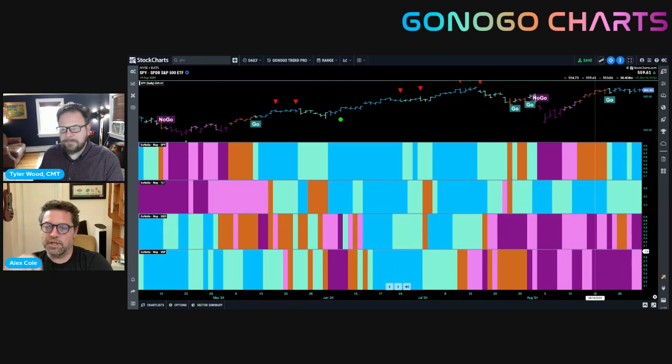So we had some weaker go bars and now some stronger go bars as well. Treasury bond prices are painting go bars as well, albeit the weaker color, the aqua color. And then if we look at the bottom two panels, the US commodity index painting strong purple bars again, and the dollar, of course, which has struggled a lot over the last couple of weeks, still painting no-go bars, but a couple of weaker ones as we come into the end of the week.